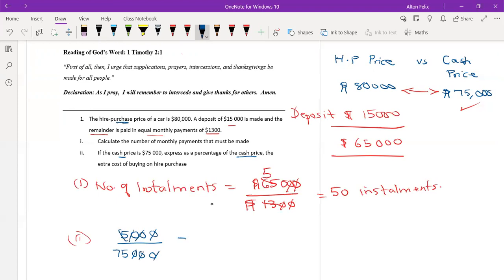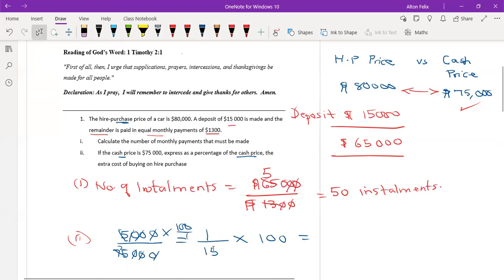Let's see how many times 5 goes into 75. 75, 1 5 is 5, remainder 2, that's 15 times. So we must multiply this now by 100. If we find it in percentage, we must multiply the answer by 100.